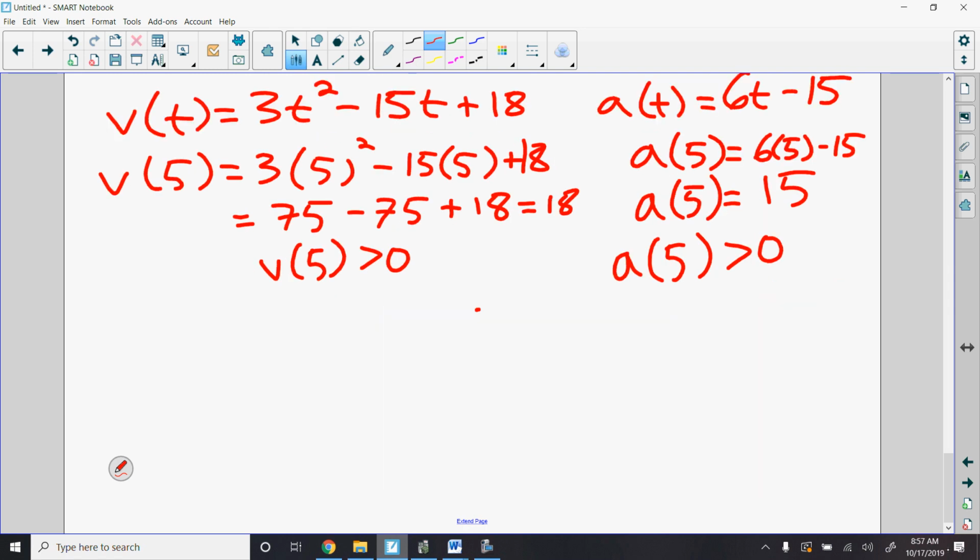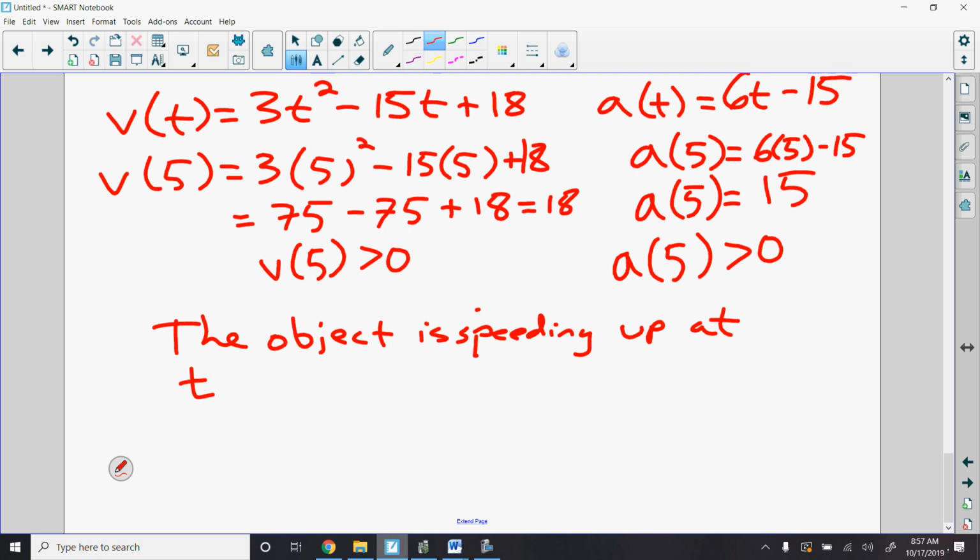So what I see here is that v of 5 and a of 5 are the same sign. They're both positive. So I know that anytime velocity and acceleration are the same sign, the object is speeding up. I can say the object is speeding up at t equals 5. Be specific, tell the grader what time.